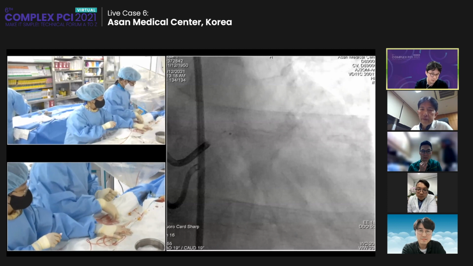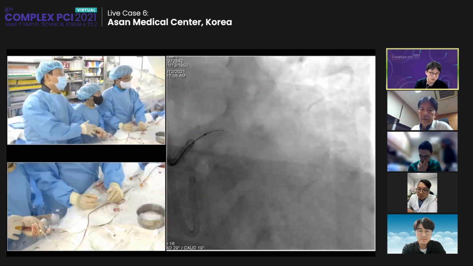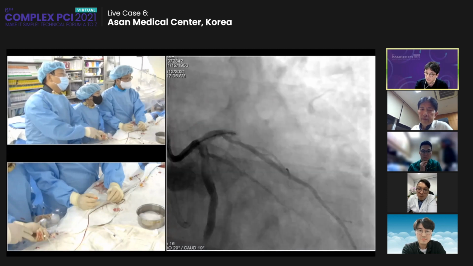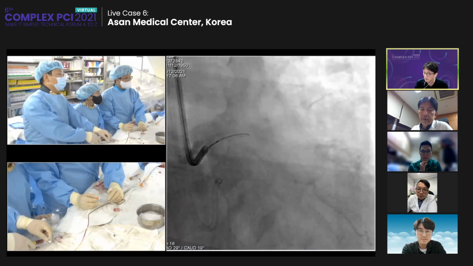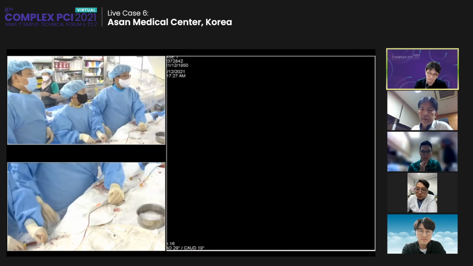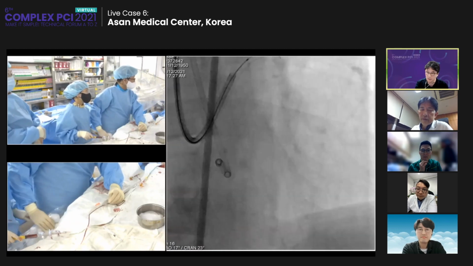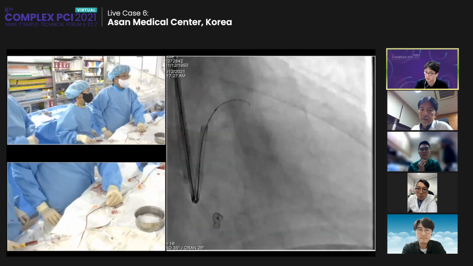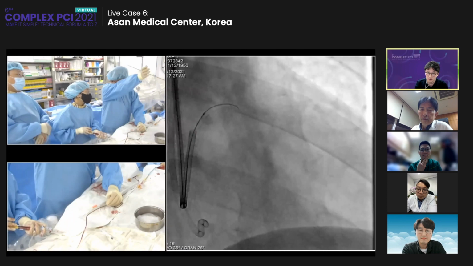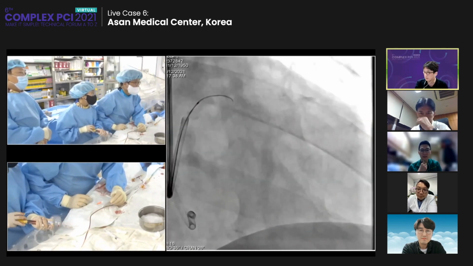I thought that according to the CTO, there's no calcium at the entry point, and just having a little bit of backup and a controllable wire could be appropriate. So I selected Fine Cross and first the Gaia Second wire. But I know that some operators would like to start with a polymer-coated wire, and that could work.